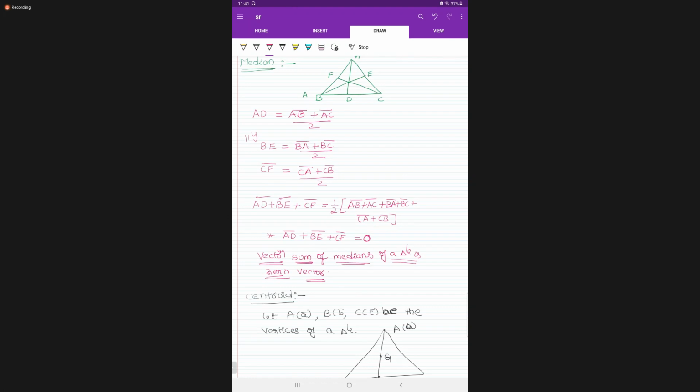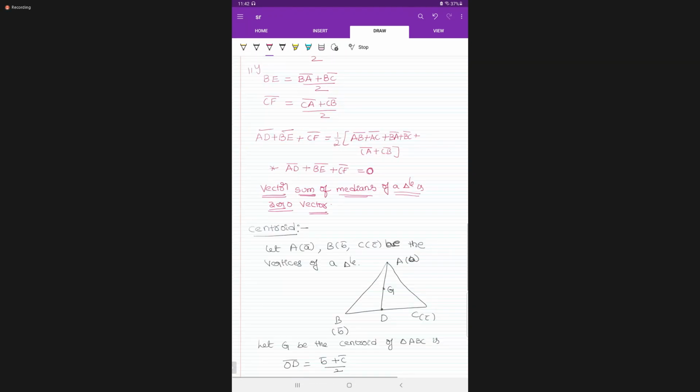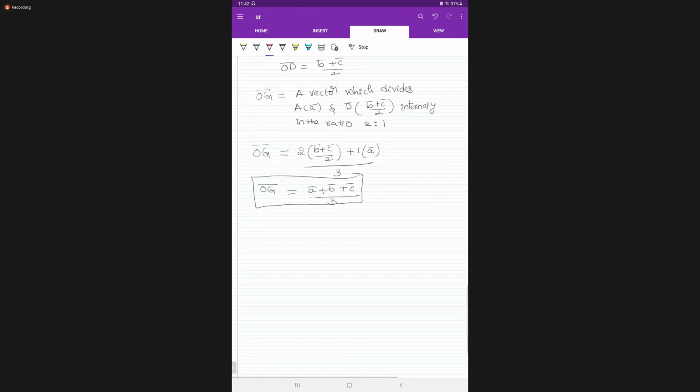What is the first question? Read the first question. What is given? Take the material, everyone. Level 1, the first question is given.